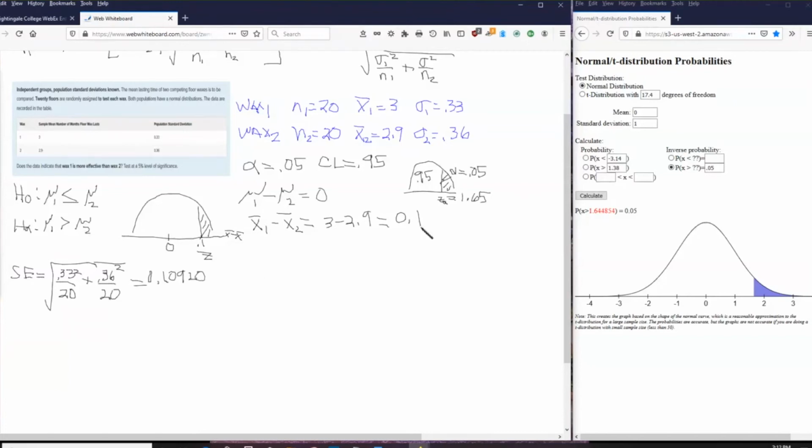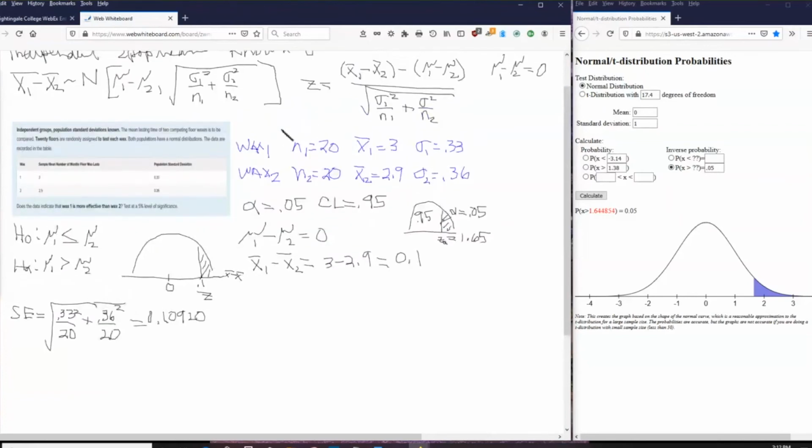Actually, this is a z-score, so our sample sizes, we've got 20 plus 20 equals 40. That is greater than 30. So that tells us we can do a normal distribution rather than a t-distribution.